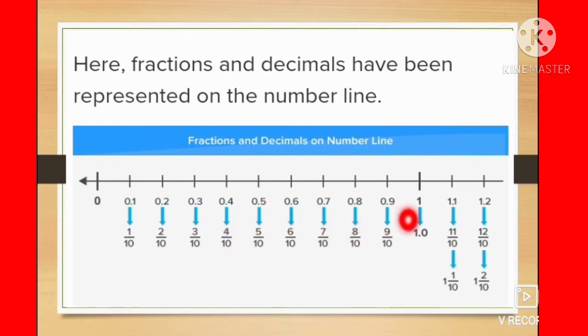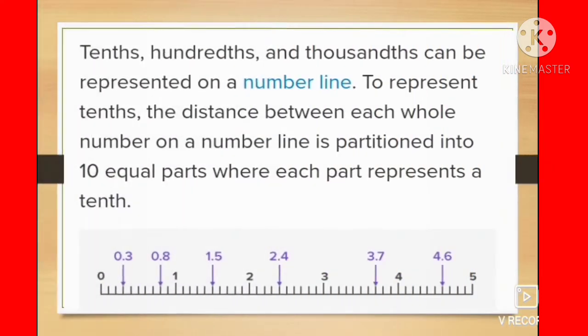And here 1 can also be written in the decimal form 1.0, and 1.1 which means 1 and 1/10, and 1.2 has 1 and 2/10.